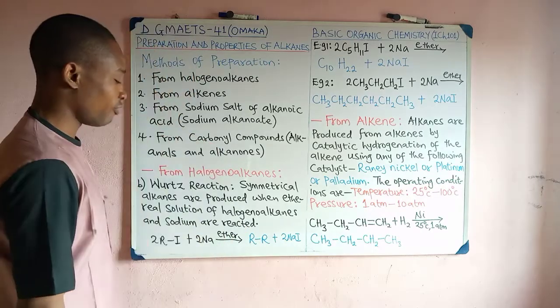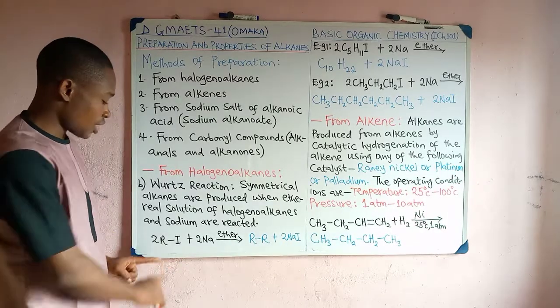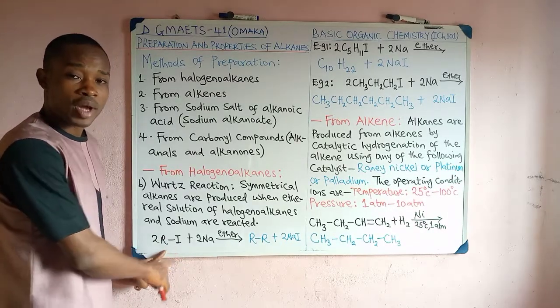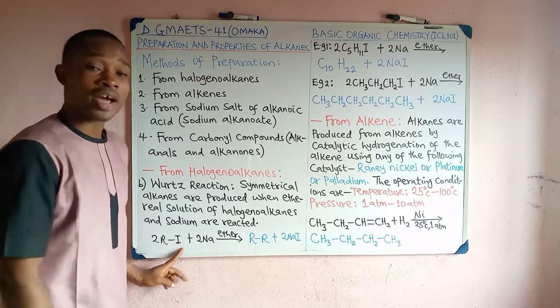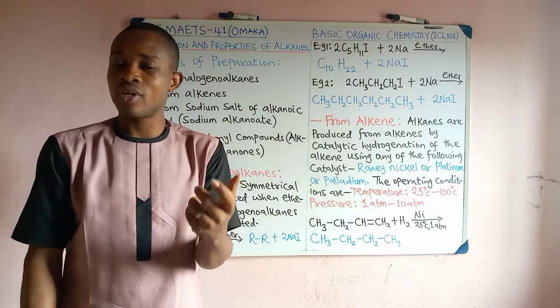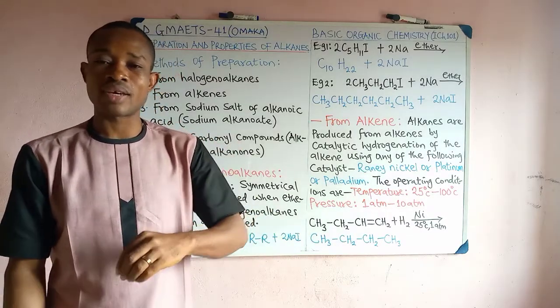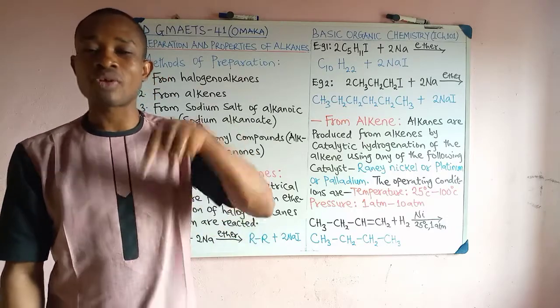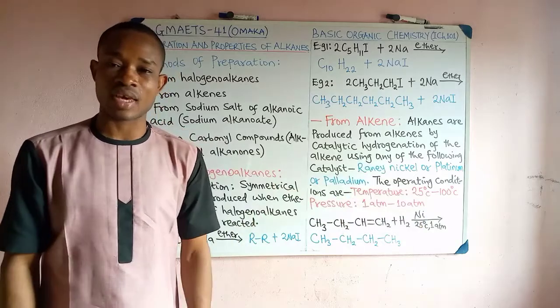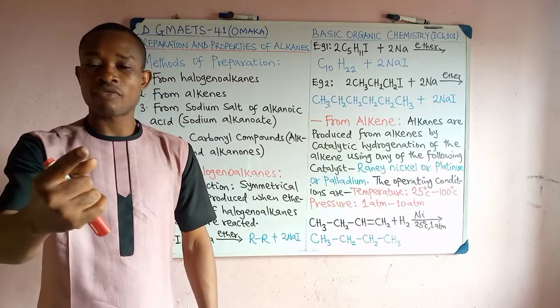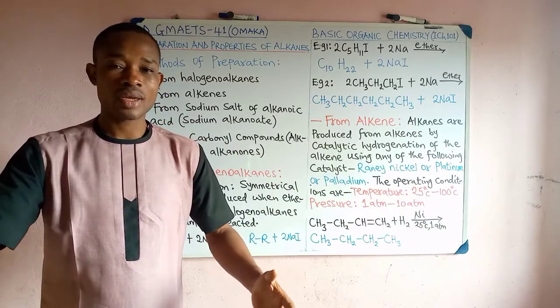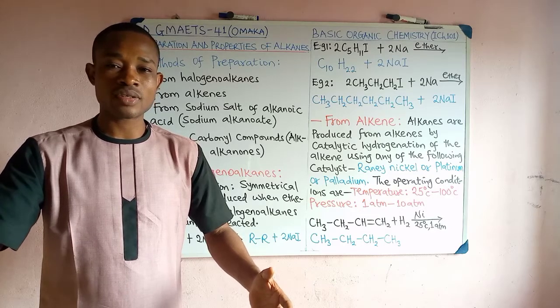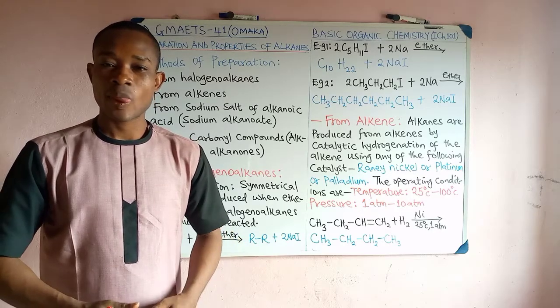Let's look at the scheme for the reaction. This is our halogenalkane. We are using the alkyl iodide. You will see that often alkyl iodide will be used more because the halide of iodine is much more reactive than any other halide. That you learn from your inorganic chemistry, gradation of properties of group 7 elements.